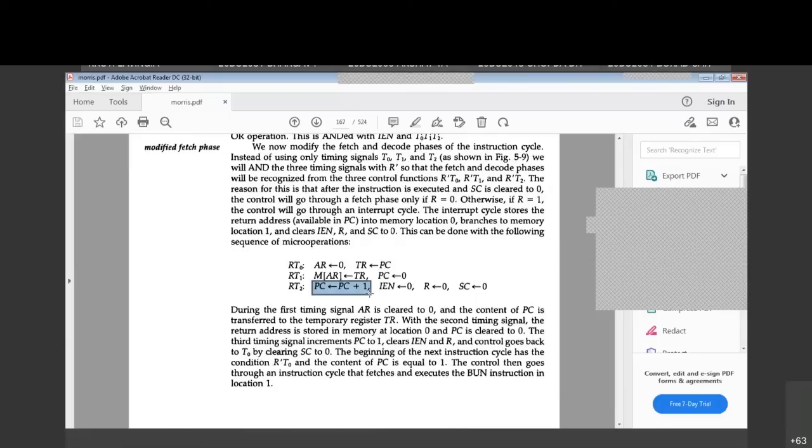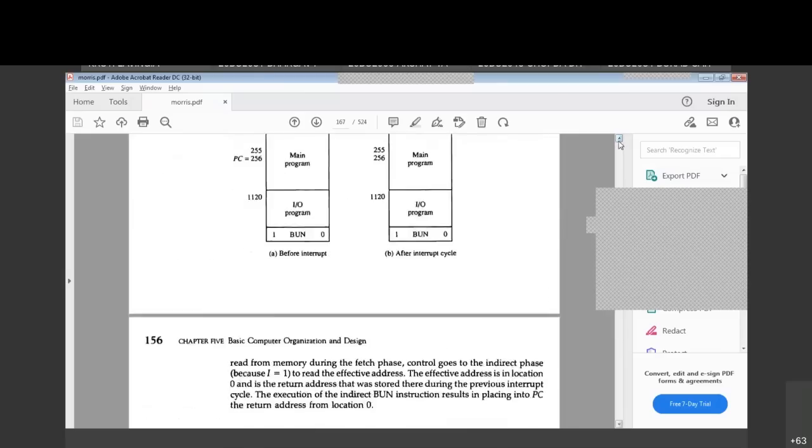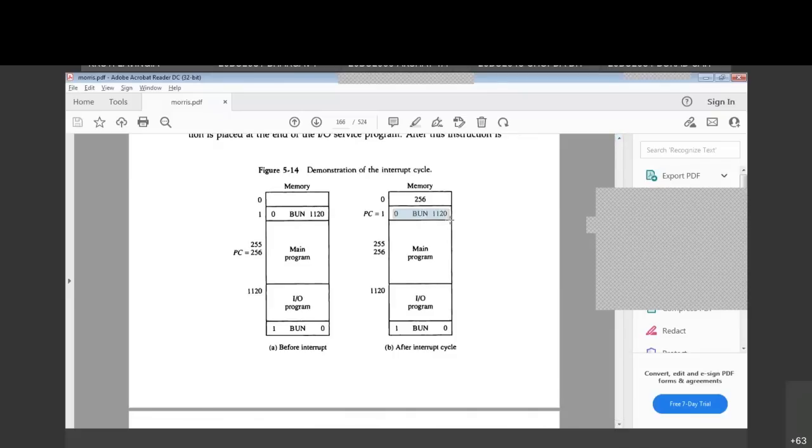That is your input output program. Okay, so here in 1, whatever instruction is executed, that particular subroutine would be executed, and this return statement would specify us to go back to location 256 for our next instruction. So at 256 will be our next instruction.